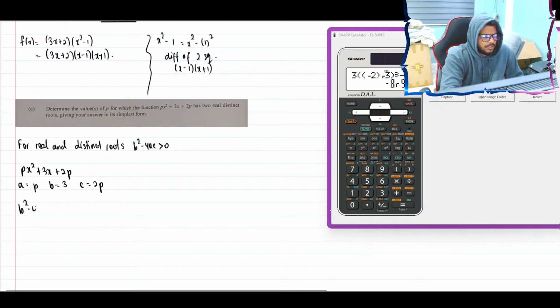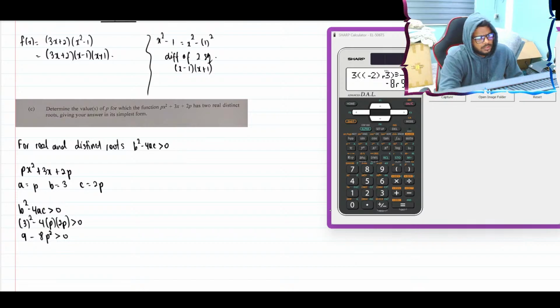b squared minus 4ac is greater than 0. So 9 minus 4 times 2 is 8, so 8p squared is greater than 0.